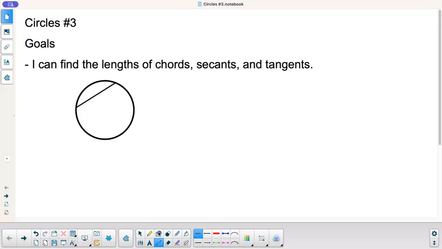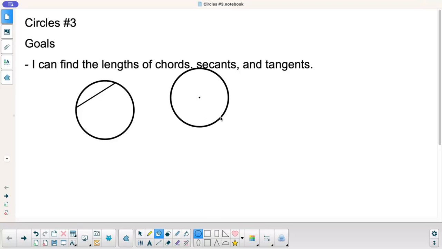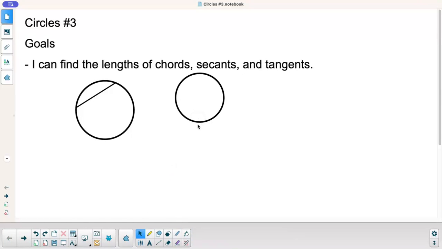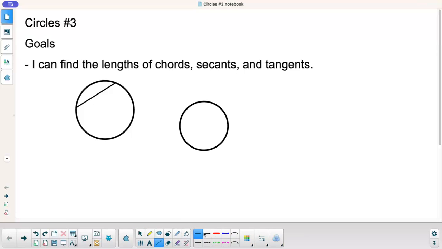A secant is a line, or a ray I guess, that goes through the circle. So it could be a ray technically, or a line if you wanted to put an arrow on here instead of the endpoint. A line or a ray that goes through the circle intersects it twice.